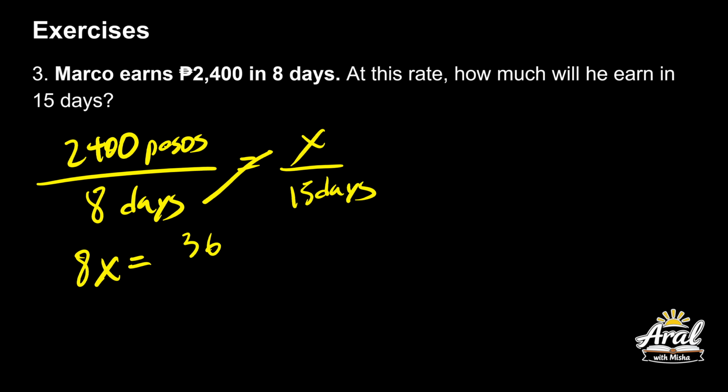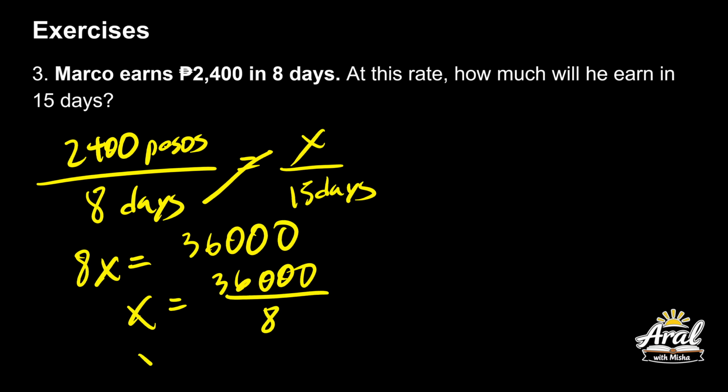That's 36,000. So, X is equals to 36,000 divided by 8. X is equals to, that's 4,500 pesos.